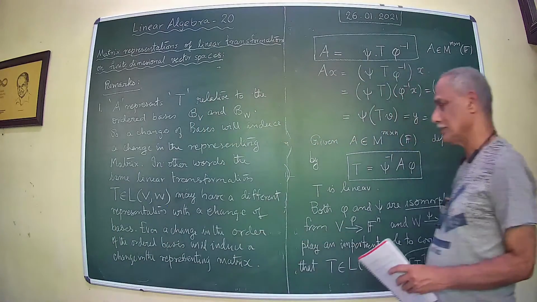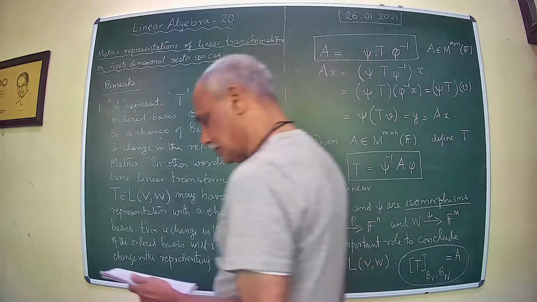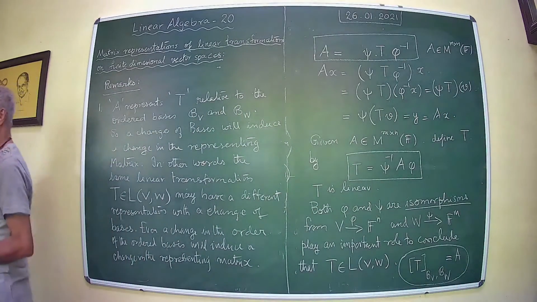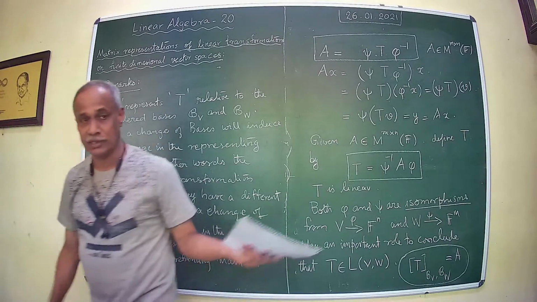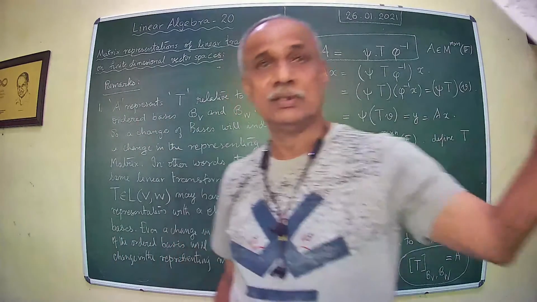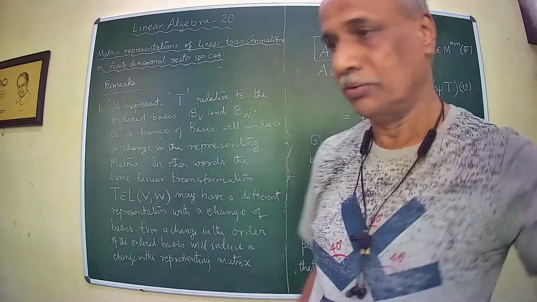That's important. Okay. So there is no unique matrix representing a linear transformation, except in the case of identity and zero.